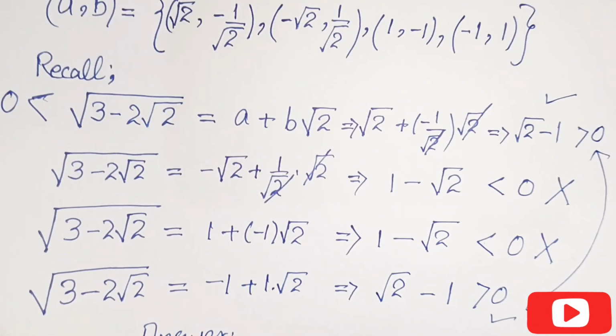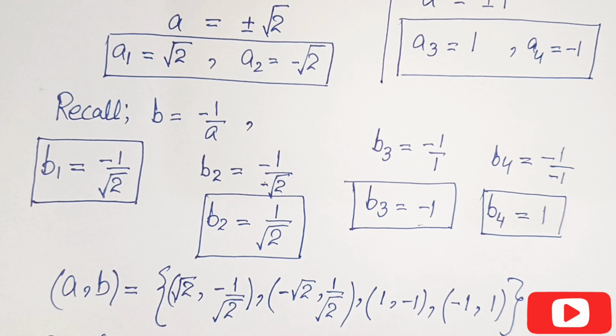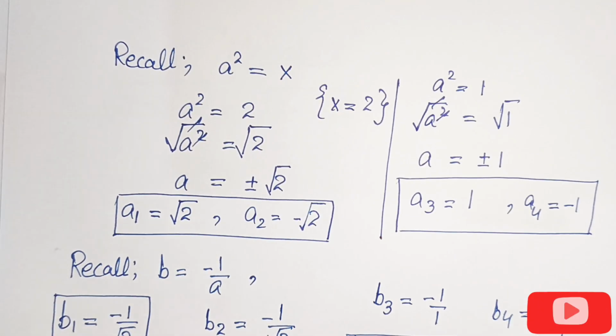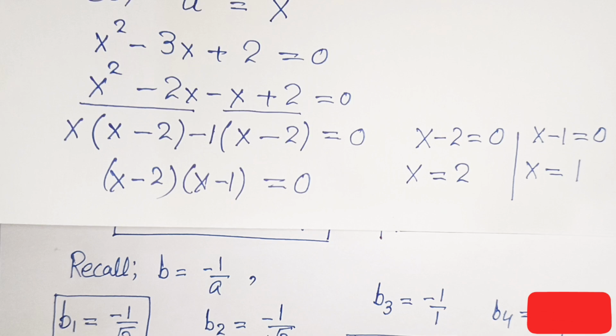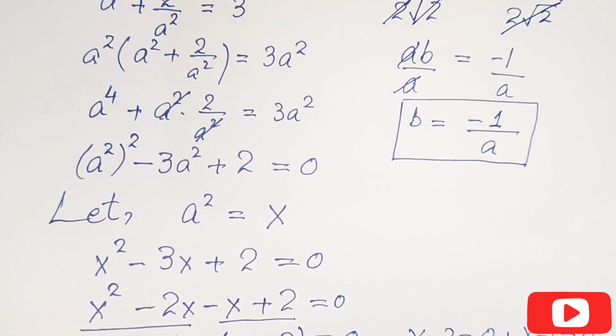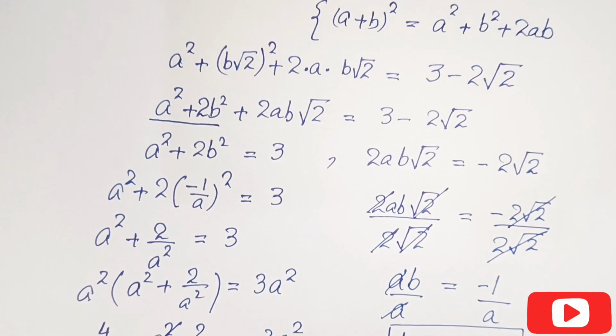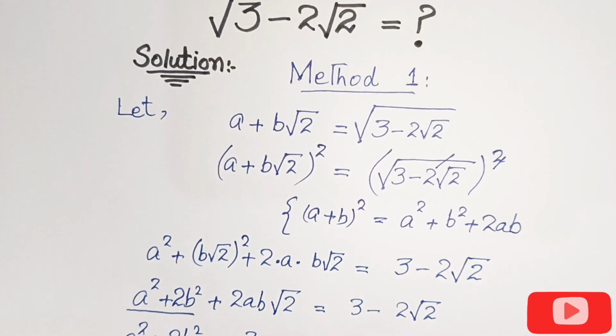In method number 1, we found 4 different values, but only one value is valid, so we wrote just that one.